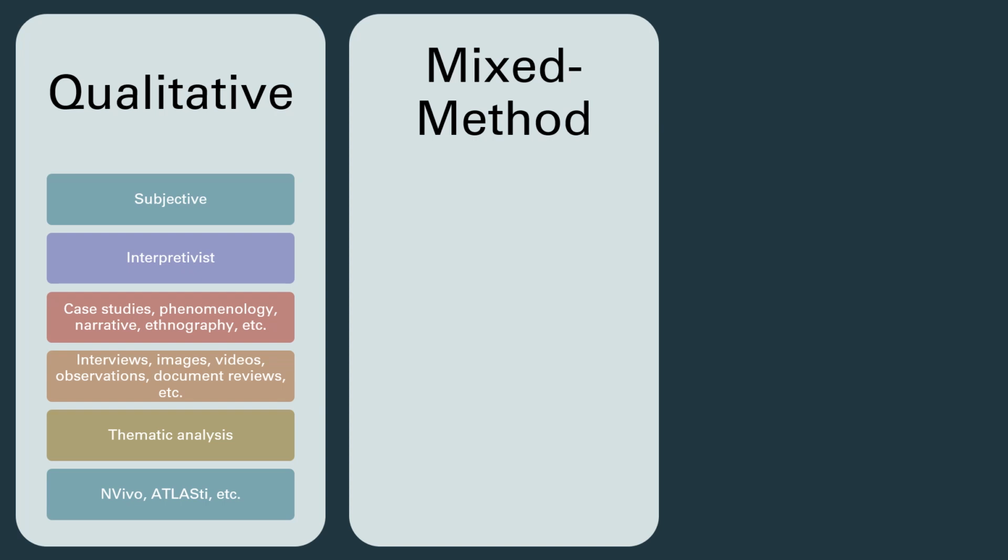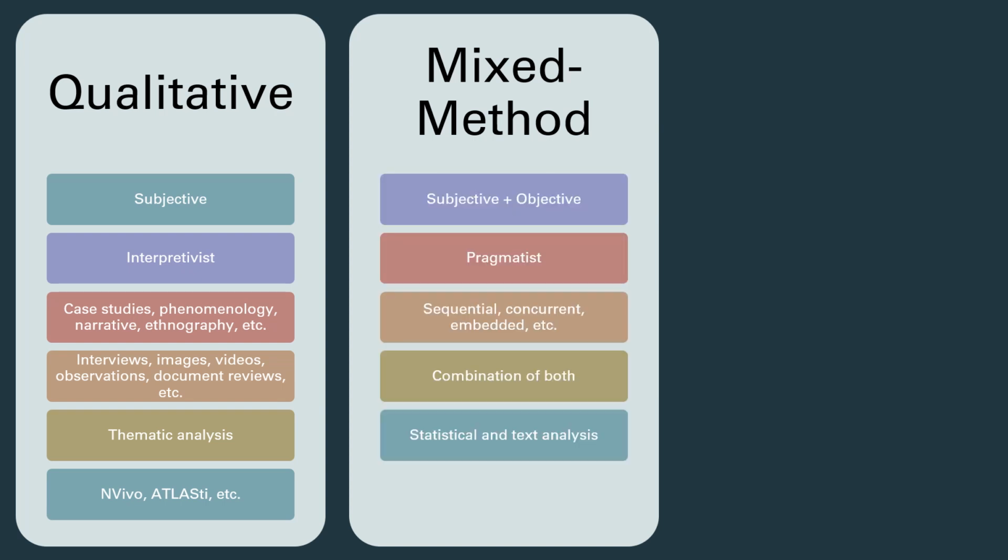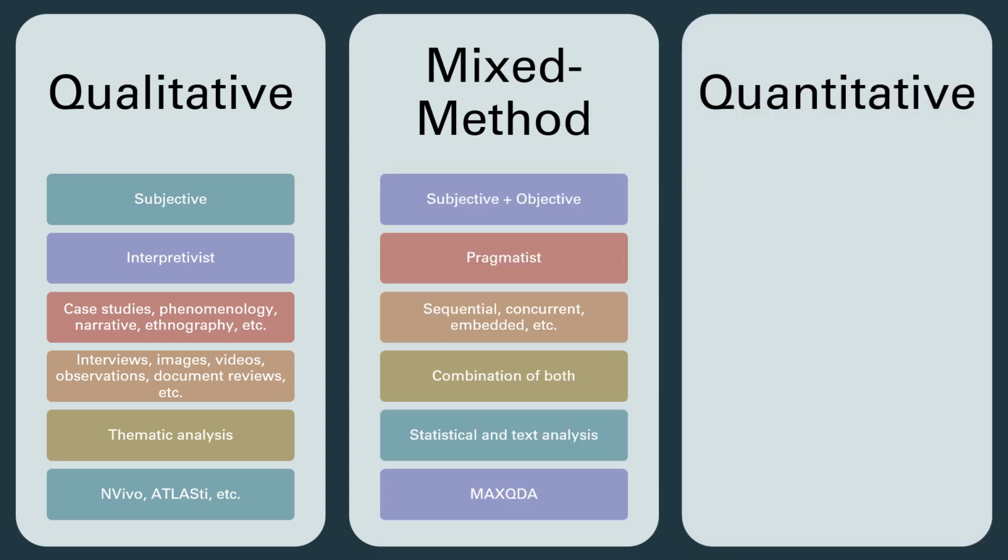Then comes mixed method research, but before that, we are going to understand what quantitative research is. Quantitative research is based on the philosophical assumption of objectivism, and objective means making an unbiased, balanced observation based on facts which can be verified.